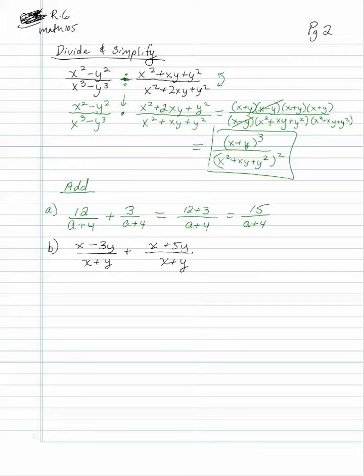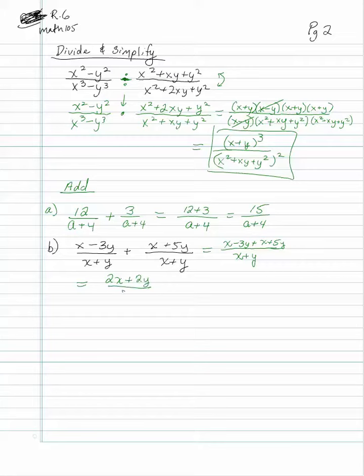Okay, let's try the next one. Again, you have common denominators, so you can make it one big fraction, and we're going to add the numerators. So x minus 3y plus x plus 5y. Then we're going to combine like terms. So we get 2x, minus 3y plus 5y is plus 2y.